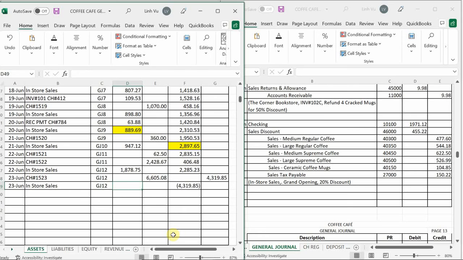And we increased our checking account by $1971.12. In this case, we're still in the negative, right? We're still at negative $2,348.73.